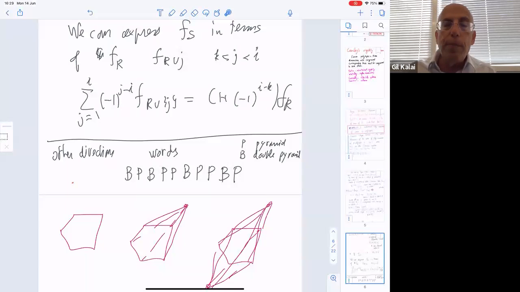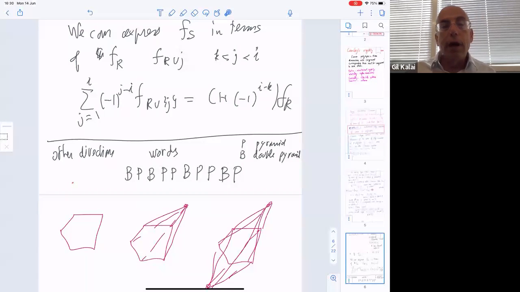And you can start from a point by applying from the left a word of operations, such as BPBPPBPP, where P represents forming a pyramid and B represents forming a bipyramid. The rule is that you start with a pyramid and you never have two consecutive bipyramid operations.